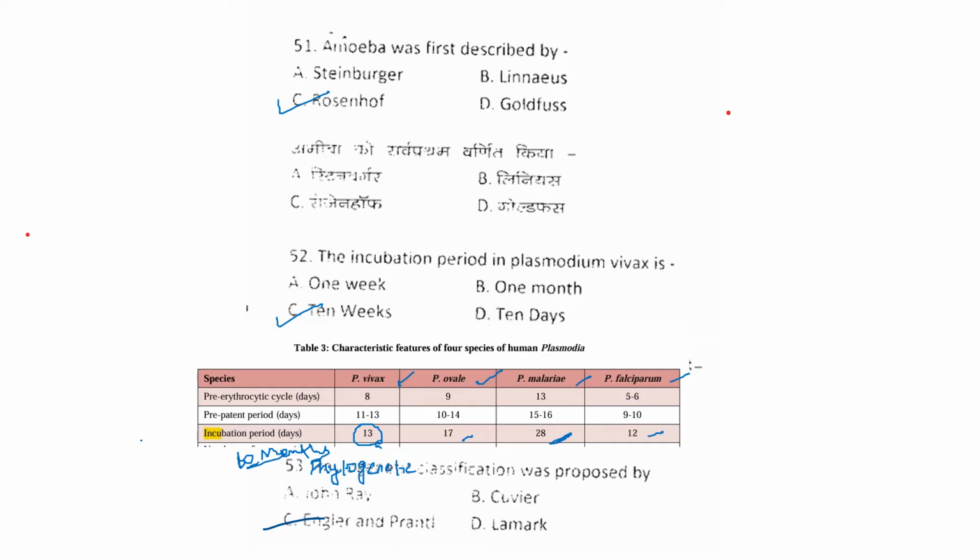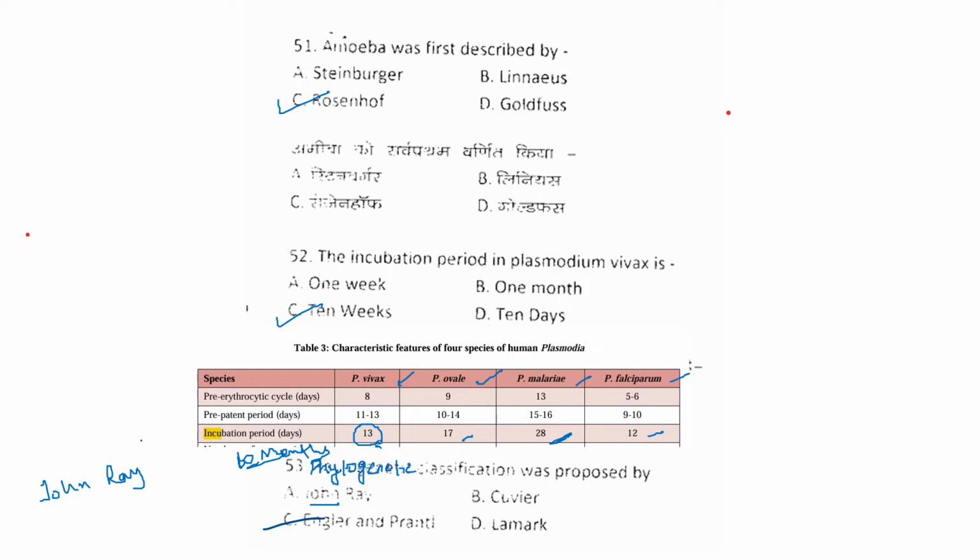John Ray has a role in the establishment of species. He gave the terms species and genus. So he has a role in the establishment of species as the ultimate unit of taxonomy.